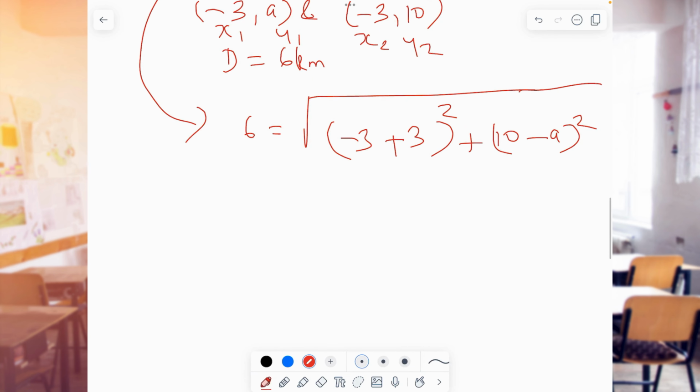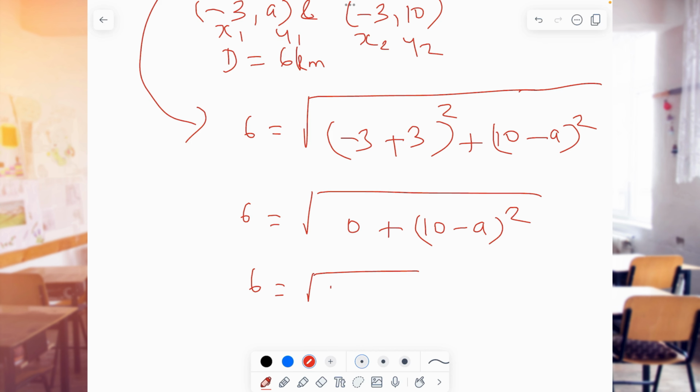Okay, so 6 write as it is, square root of minus 3 and plus 3, it is becoming 0, plus 10 minus a the whole square. Okay, so 6 is equal to root of 10 minus a the whole square.